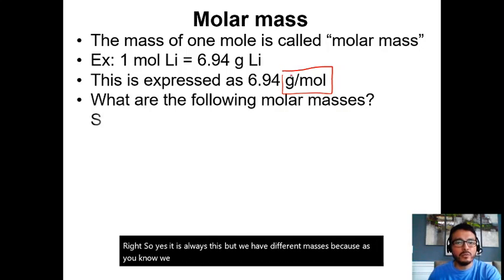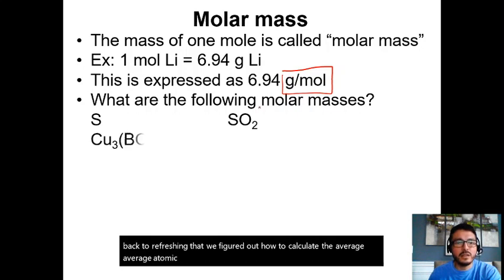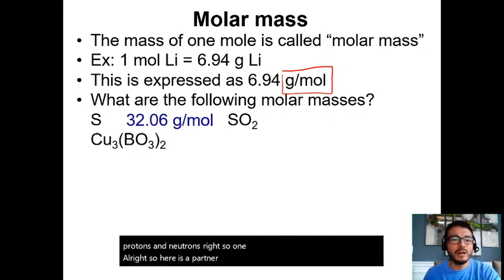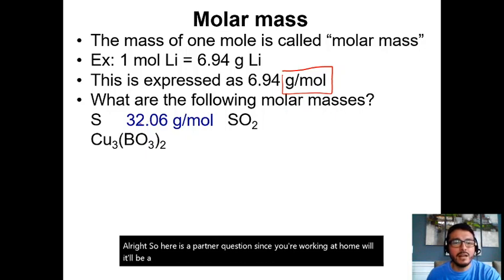What are the following molar masses? So here we have sulfur dioxide, we have copper 2 borate. I got straight into the first example here. Sulfur, straight from the periodic table, has a mass of 32.06 grams.